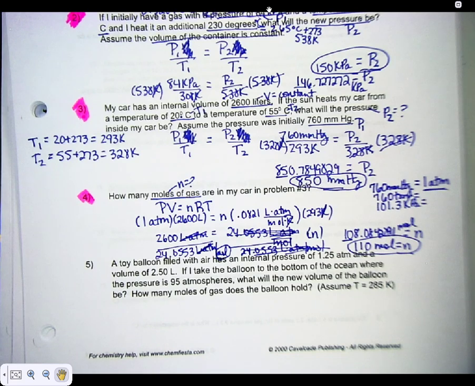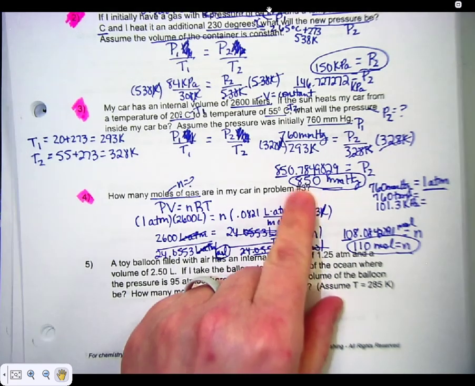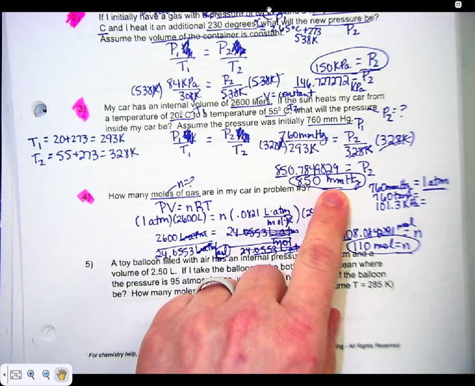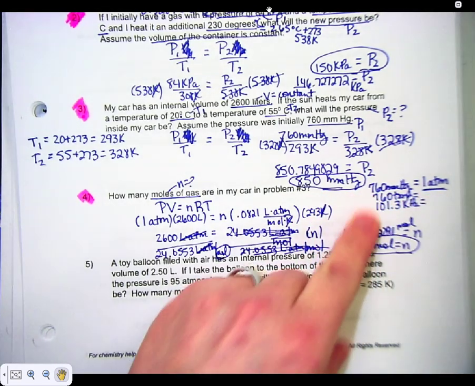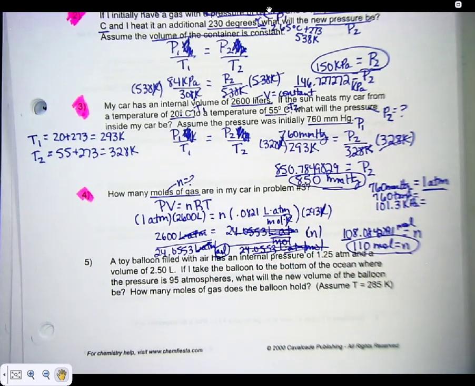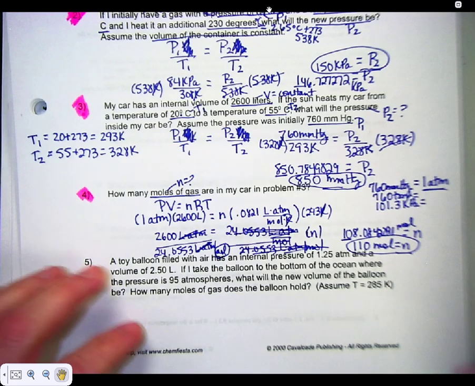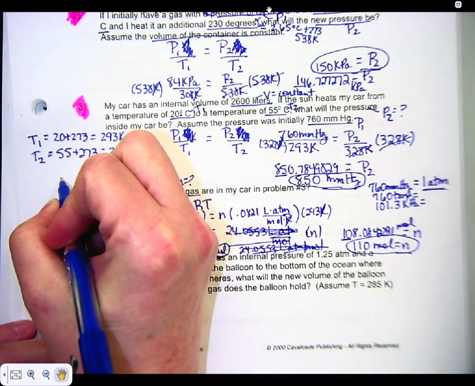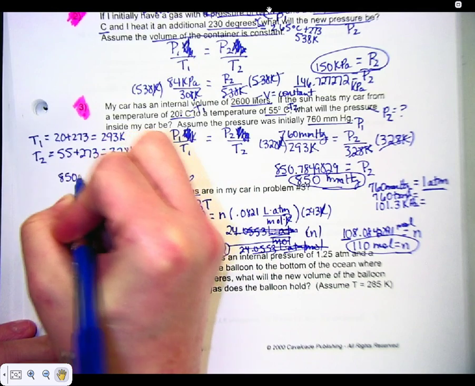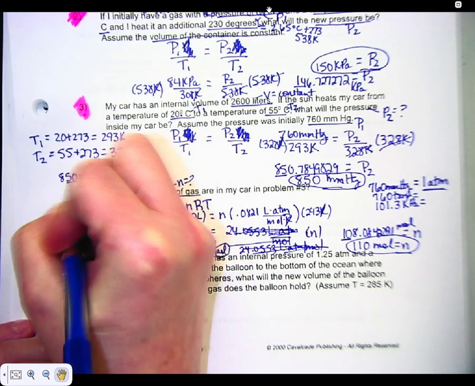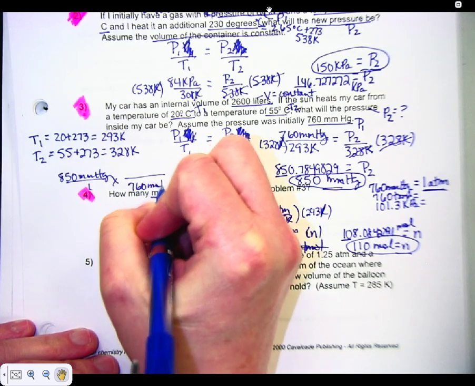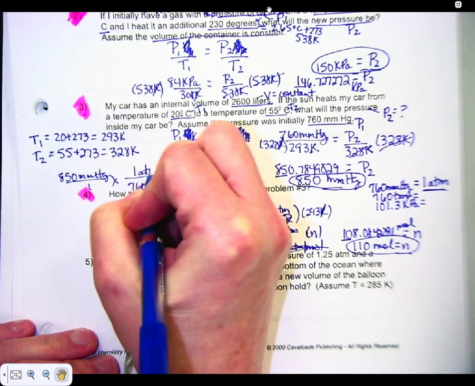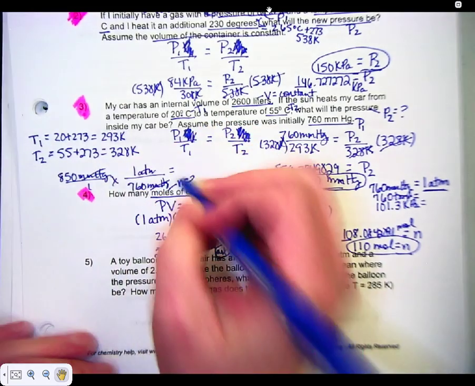Okay, and again, if you decided to use P2, which we calculated to be 850 millimeters of mercury, you would have to convert that to atmospheres. Again, you could set it up as a stoichiometry problem: 850 millimeters of mercury over 1, times 1 atmosphere over 760 millimeters of mercury, to cancel out the millimeters of mercury.